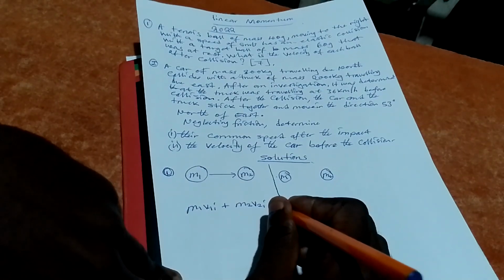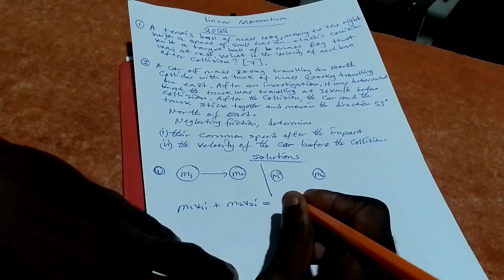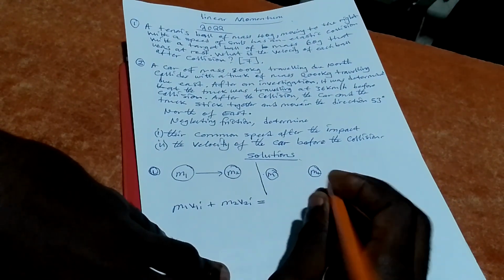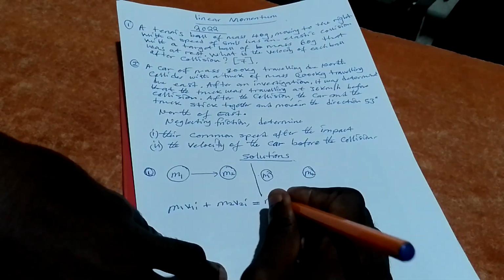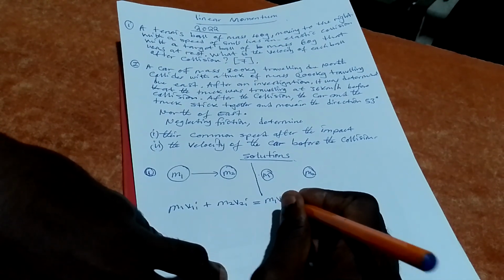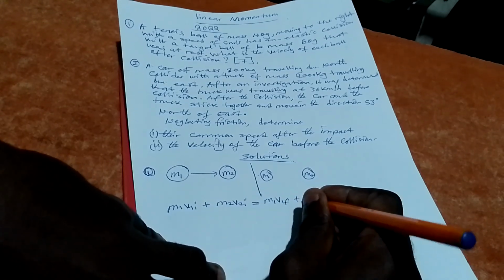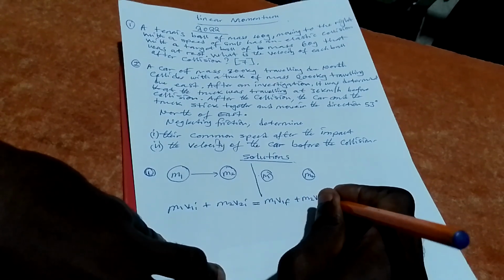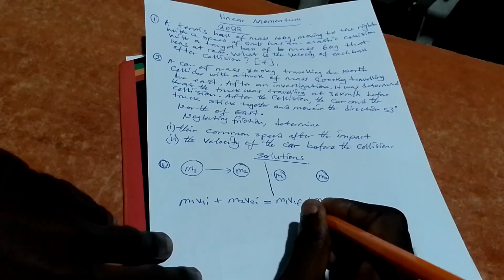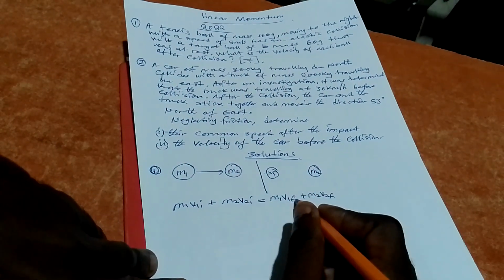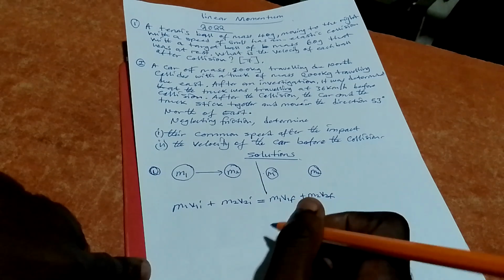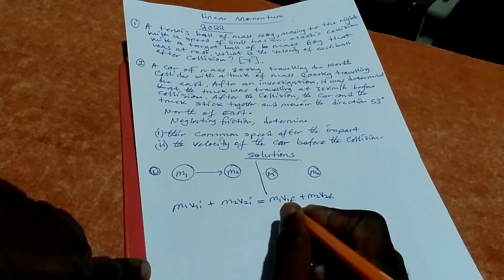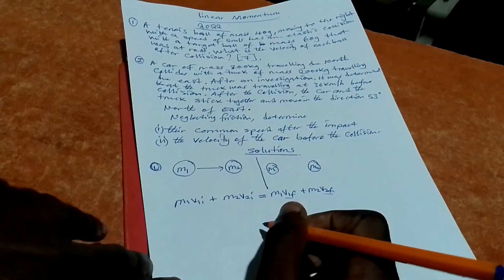That means the two balls bounced off, so they move at different velocities. So we're going to have M1 V1 final plus M2 V2 final. The question is asking us to find the final velocities of each ball after they collide, so we need to look for V1 final and V2 final.